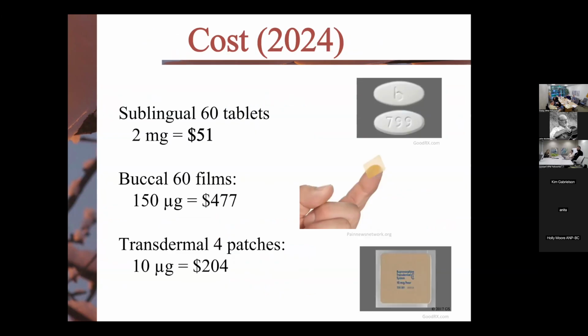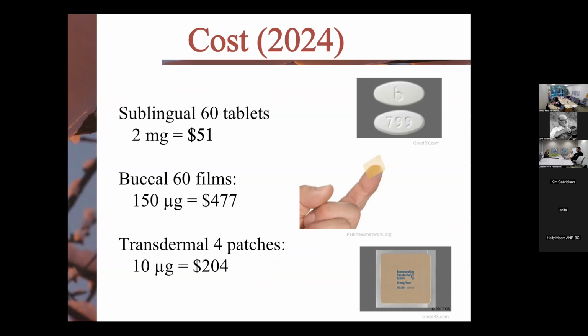So just cost comparison, I looked this up a couple days ago. Sublingual tablets, if they're not covered by insurance, can still be relatively expensive. If you compare this to something like morphine, maybe just a couple of dollars. Some people may be able to afford it out of pocket, but most of the time we are able to get this covered by insurance.